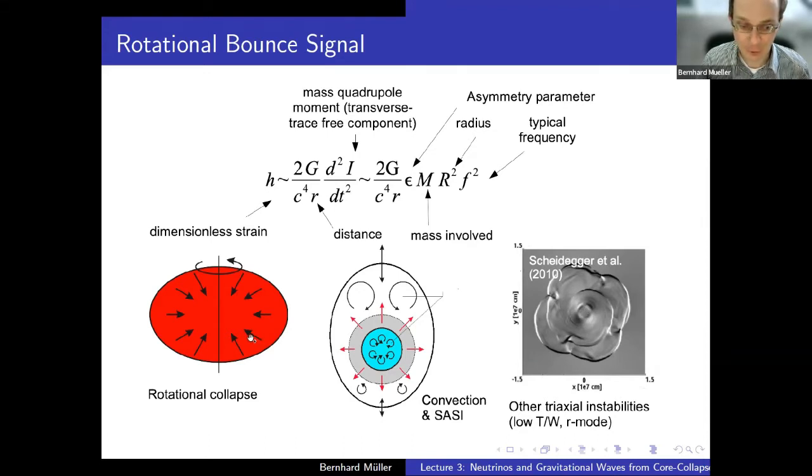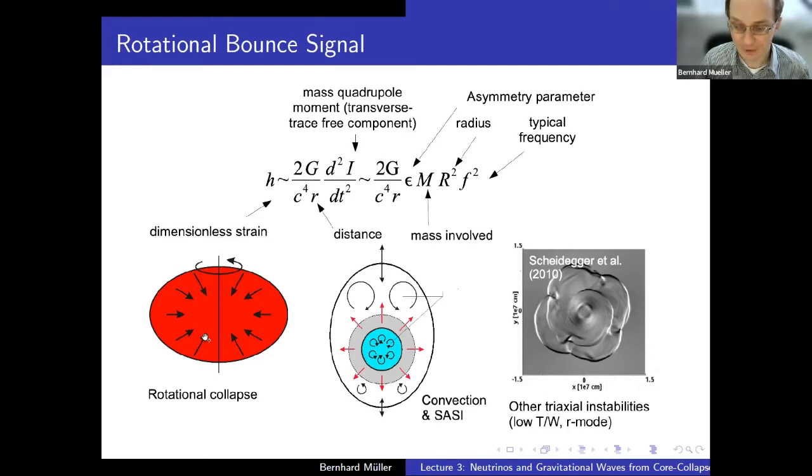And if that core then collapses and bounces, you'll get a gravitational wave signal from the change of the quadrupole moment of that deformed mass configuration. That's probably the oldest scenario for gravitational wave emission in supernovae, and it's by now a very well understood one.